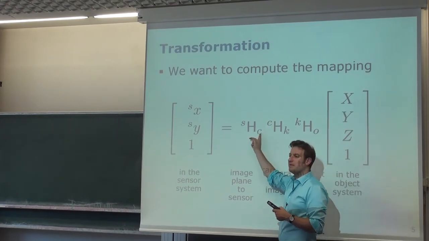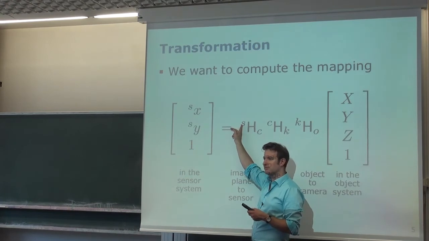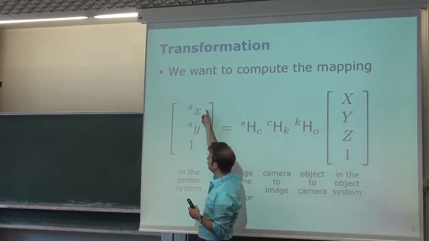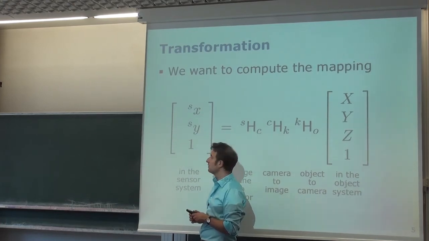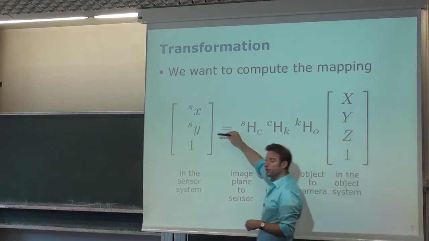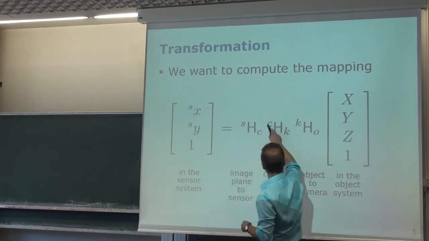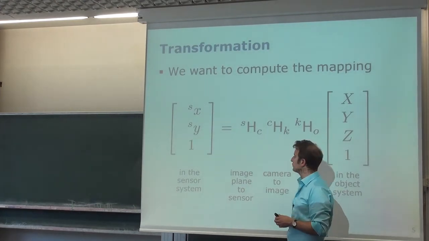And then we map from the image coordinate system to the sensor coordinate system. And then we end up getting a 2D point, with a third dimension for the homogeneous coordinates. And again, we go from 3D to 2D over here, due to the central projection.